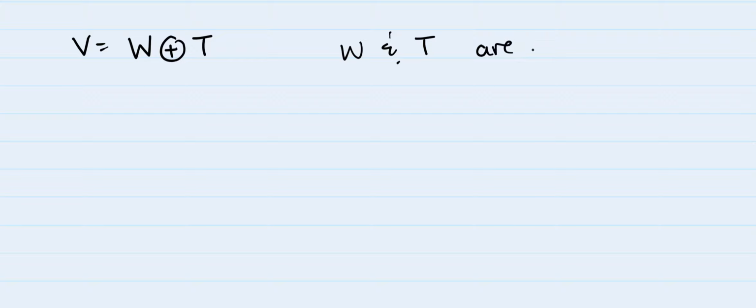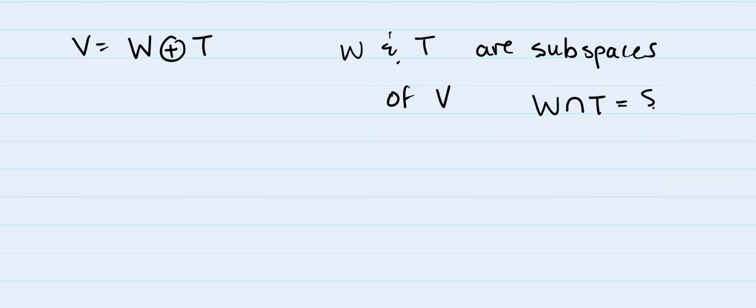So if V is equal to W plus T, where W and T are subspaces of V, and remember that for a direct sum, the intersection of W and T is equal to 0.